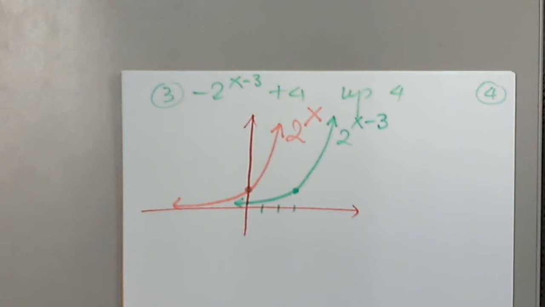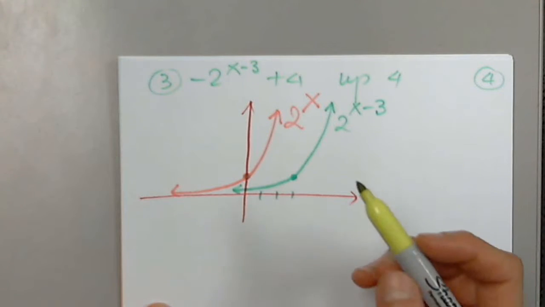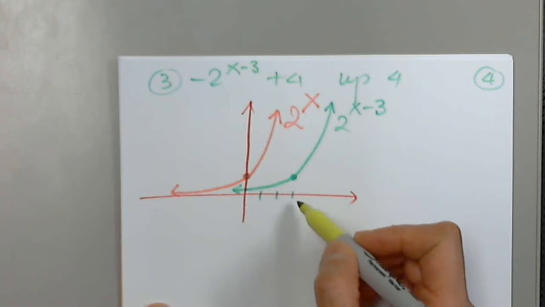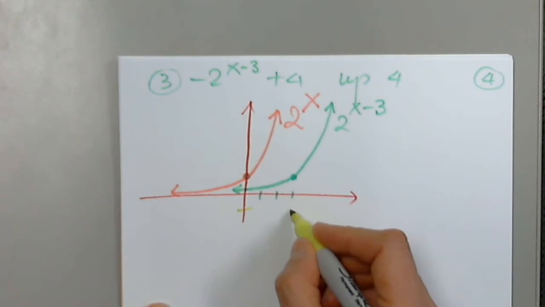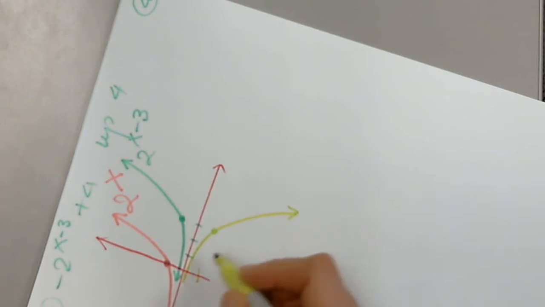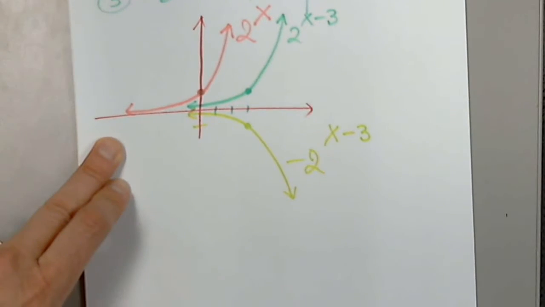Then you told me to do what to this graph? Reflect about the x-axis. So now where does this point go? It's now at 3, 1. Where will it go? 3, negative 1. Very good. Awesome. So here is the graph of negative 2 raised to x minus 3.